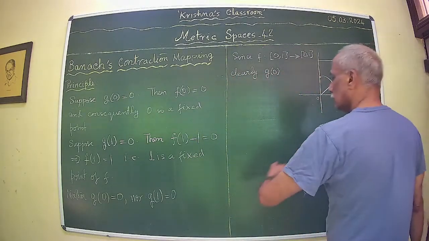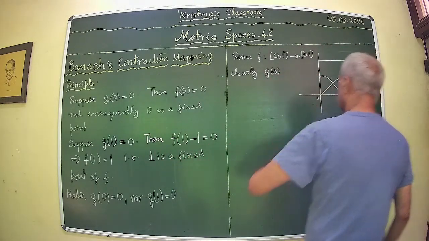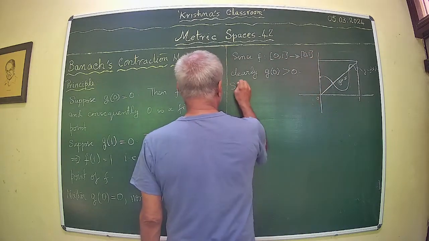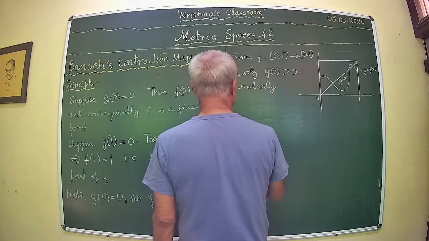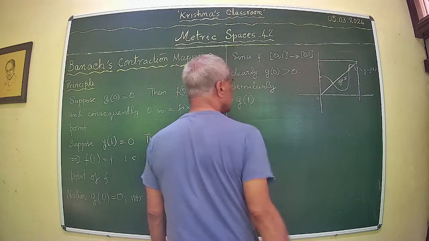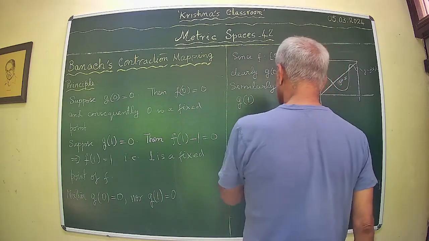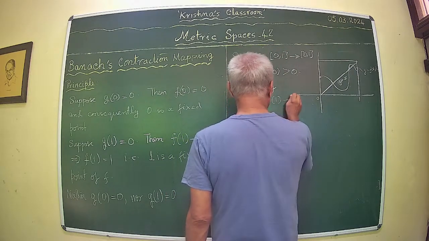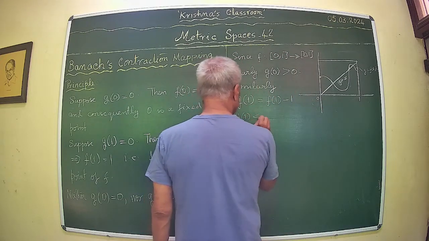G0 is F0 minus 0, so that is positive. Similarly, G1 is actually F1 minus 1 and F1 is less than 1.